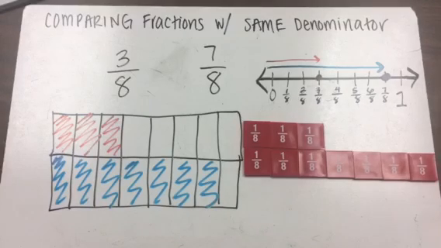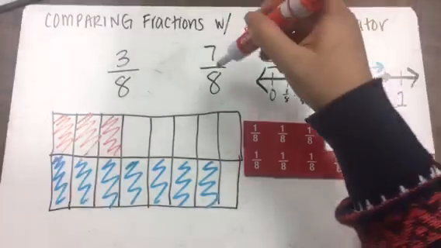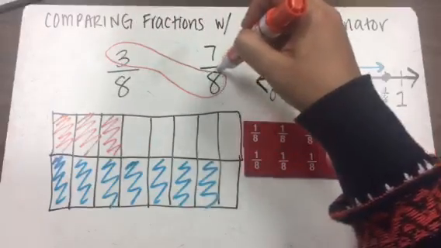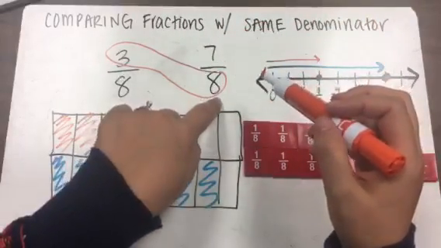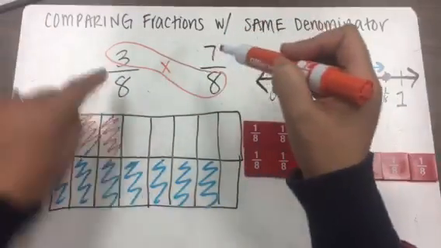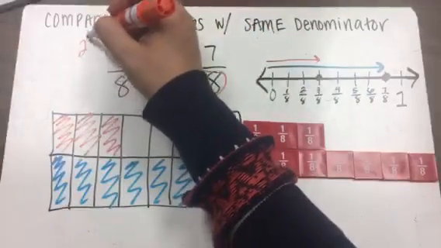Now the last method that I'm going to show you is called the butterfly method. And you can multiply the denominator and the numerator. So 3 times 8 would be 24.